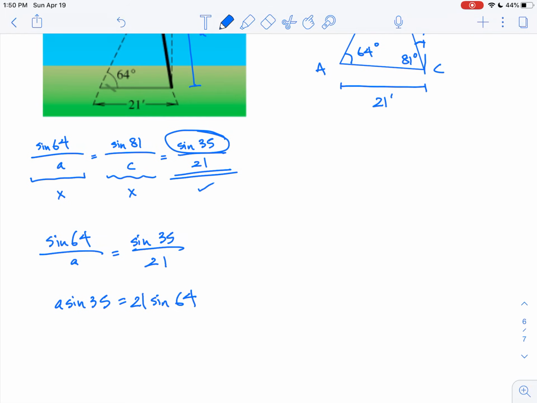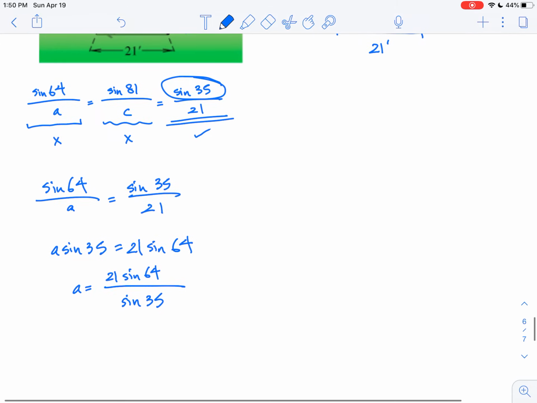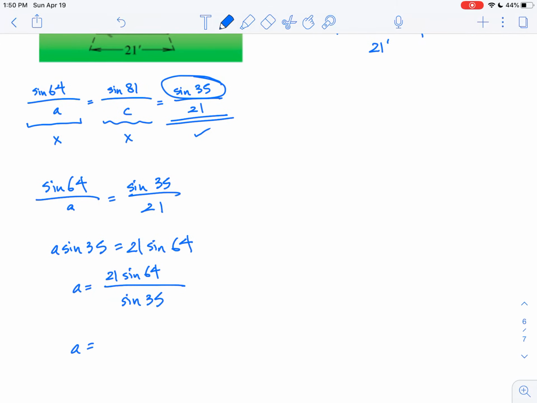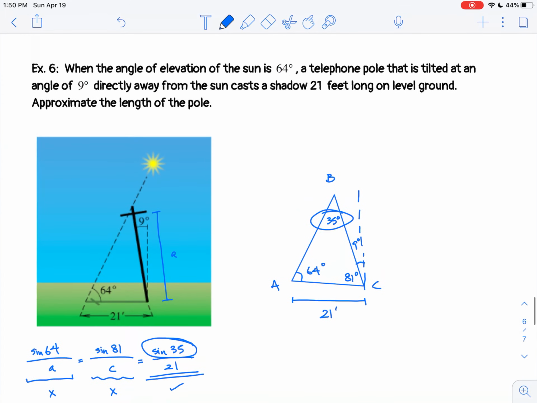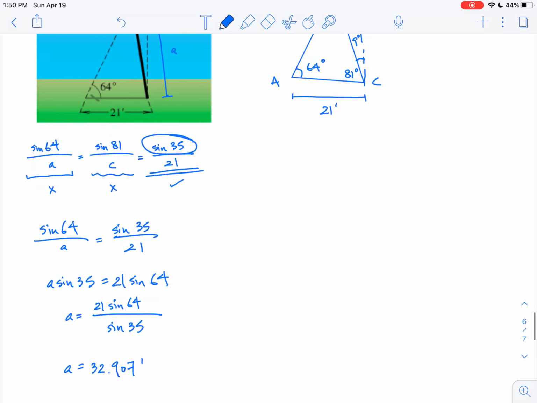Then I divide, so a equals 21 sine 64 over sine 35. When I turn that into a decimal, I get 32.907 feet. Since they're only looking for the approximate length of the pole, you could say that a is about 33 feet tall.